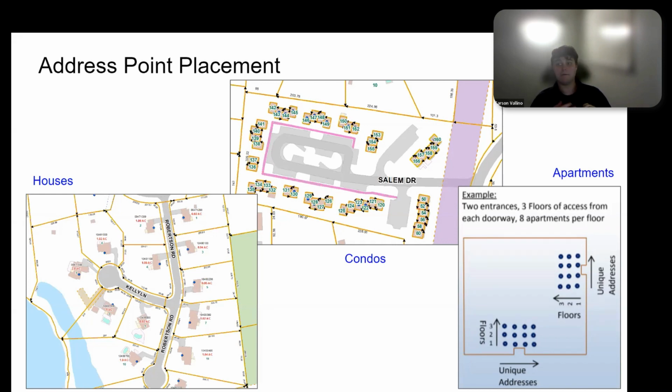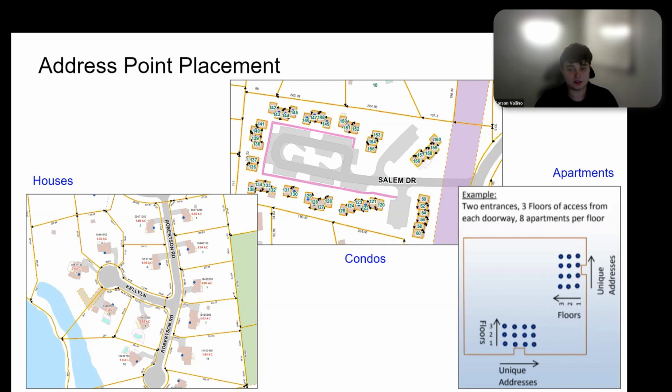There's also the question of how you want to deal with multi-address buildings like condos or apartments. You can either section out the areas like in the condos picture, where each little space gets its own address point, or on one single building you can create basically a matrix of address points.